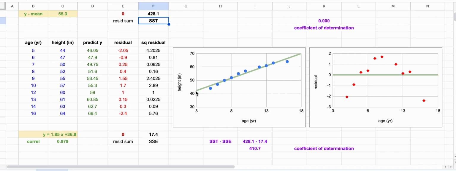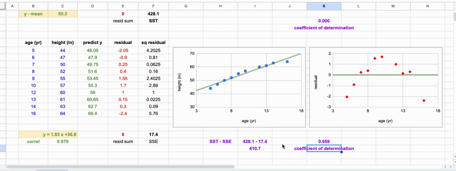In other words, this model is explaining or accounting for 410.7 of the 428.1 total error. If we take the 410.7, the error eliminated by our line of best fit, and divide it by the 428.1, the total amount of error, we end up getting a really high coefficient of determination.